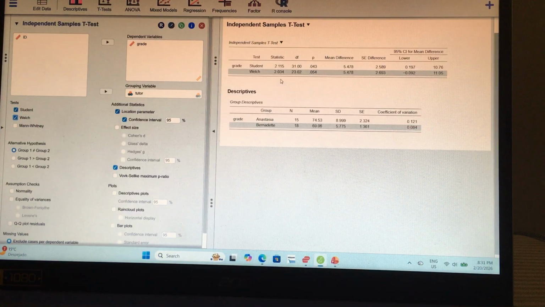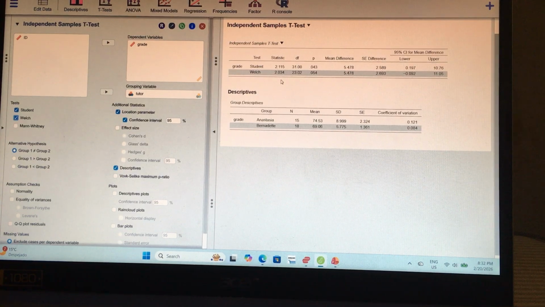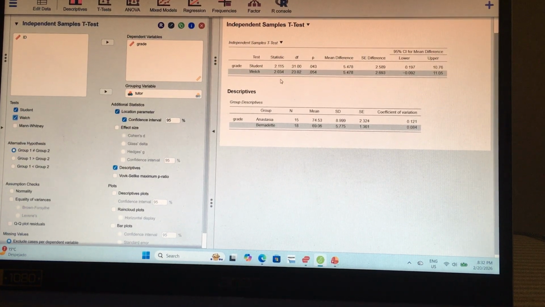Then we already went over the output, but we can do it again. We already noted that our p-value is no longer significant when we're running the Welch test, which is very important.